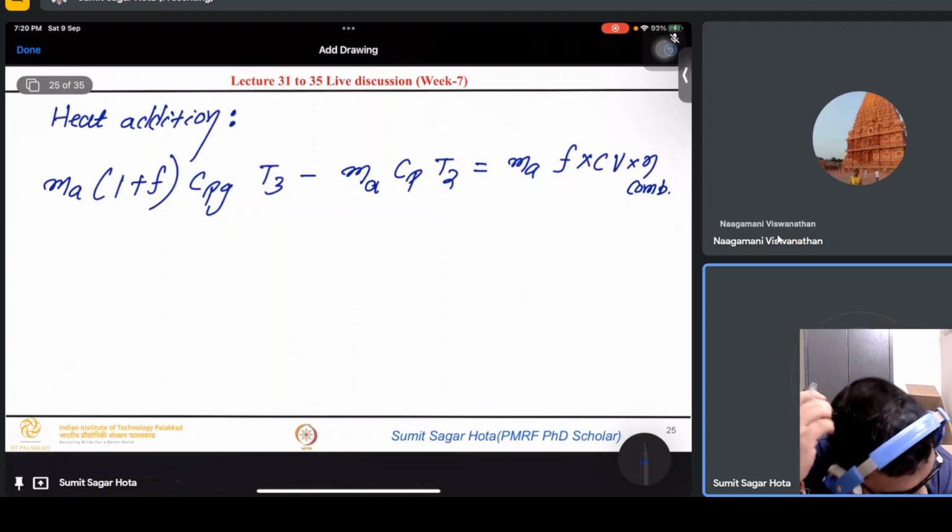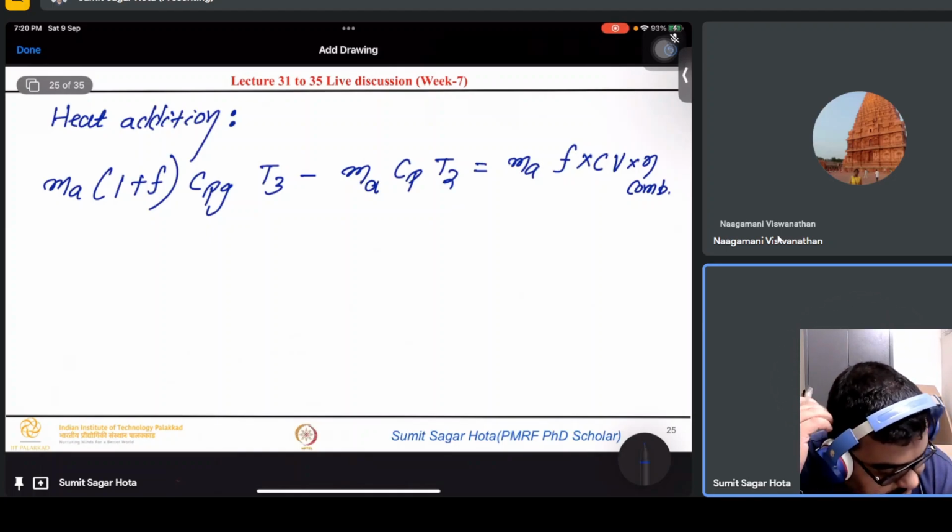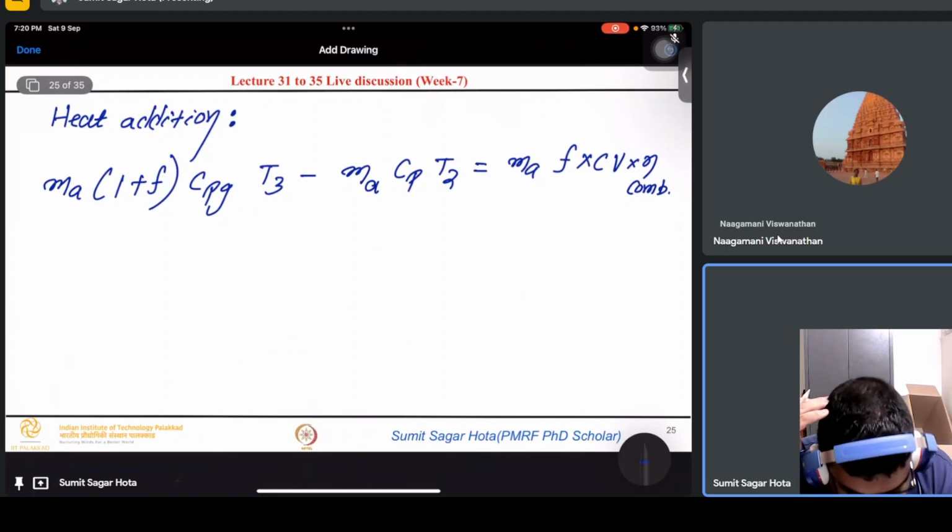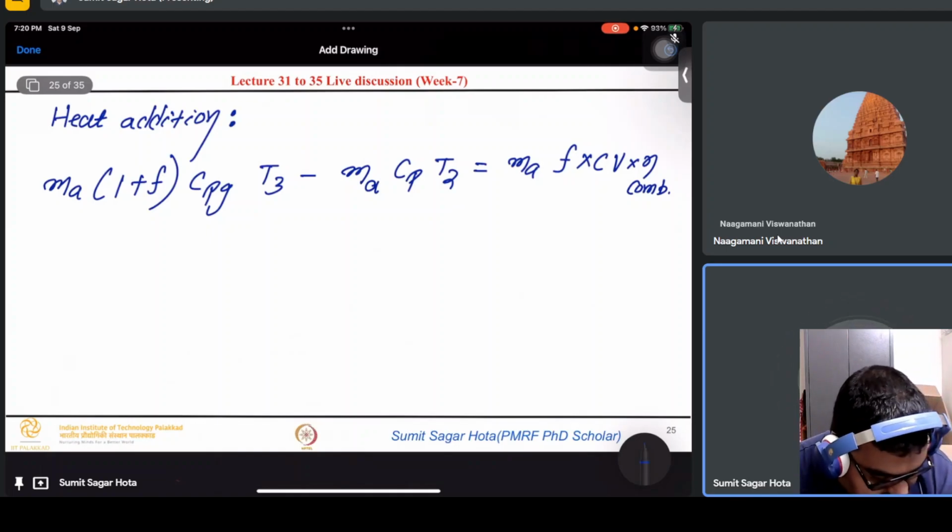This is the formula you have to remember. Cpg means Cp of gas and Cp only written means Cp of air. CV means calorific value.